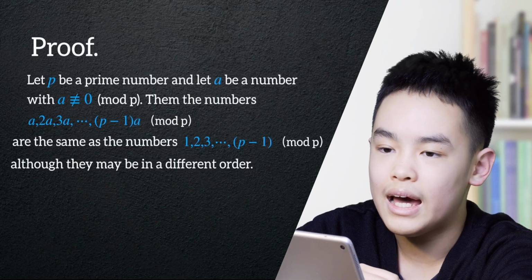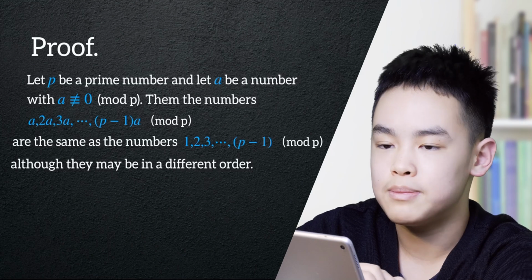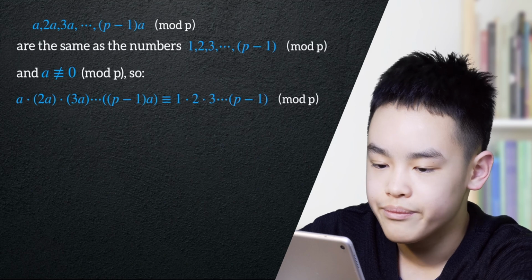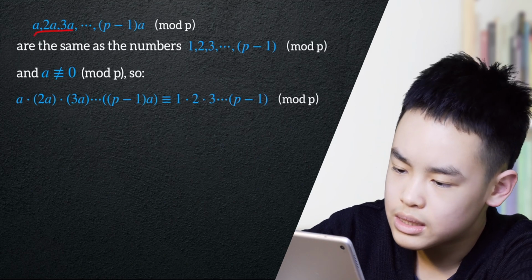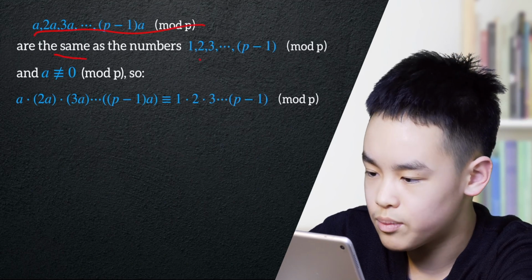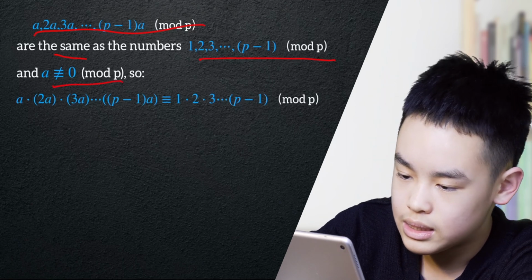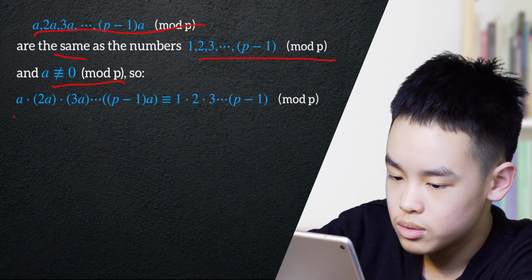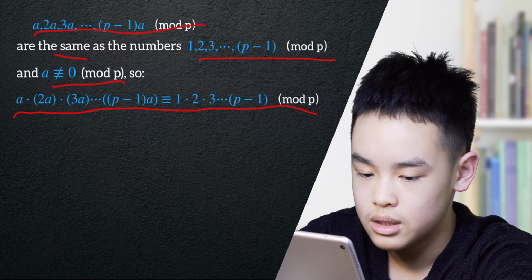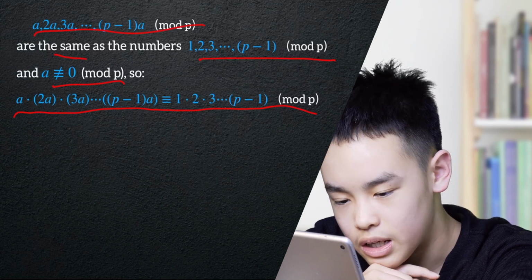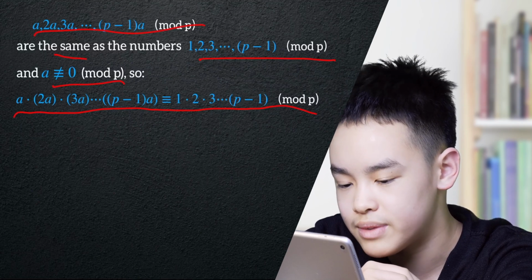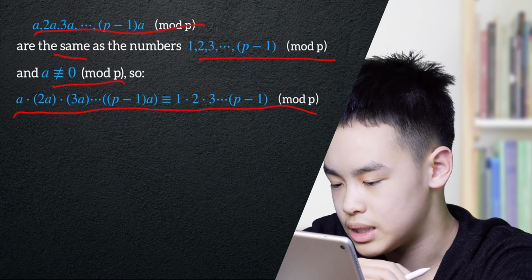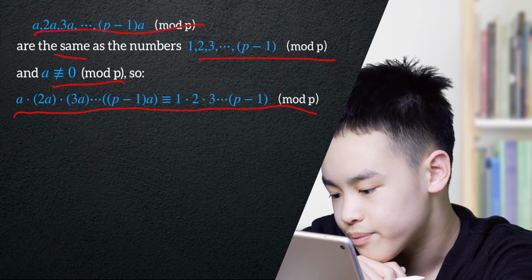And after we did that, it will be incredibly easy to actually prove Fermat's little theorem. So this and this are the same modulo P, and this is a condition. So a times 2a times 3a all the way to (p minus 1) times a is congruent to 1 times 2 times 3 all the way to p minus 1 modulo p.